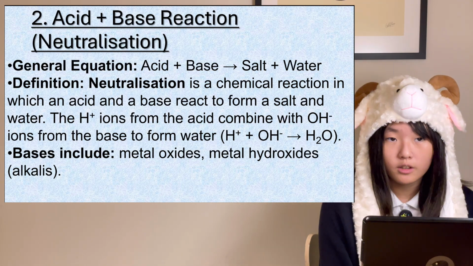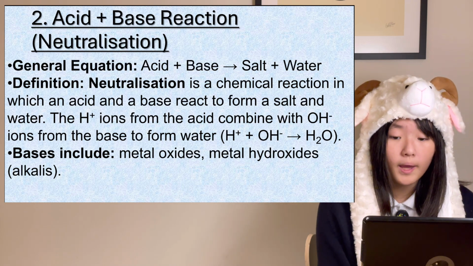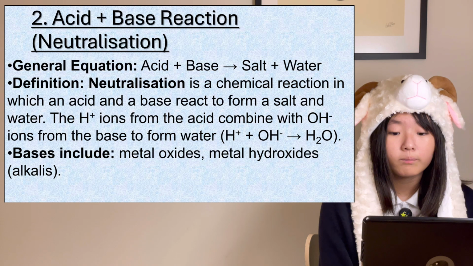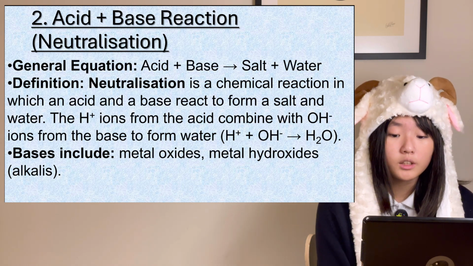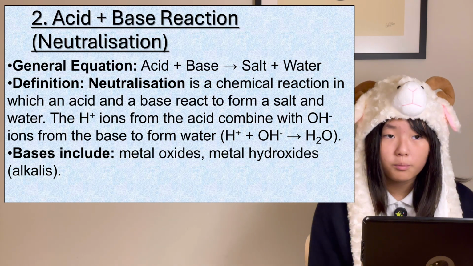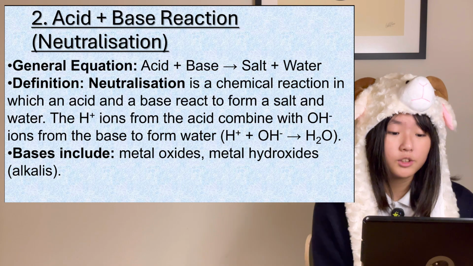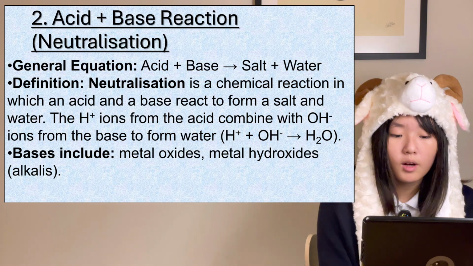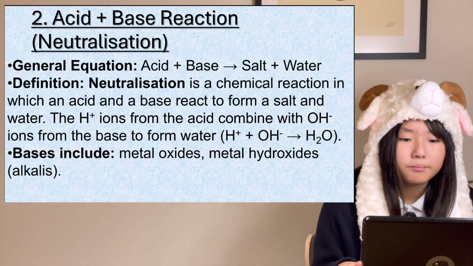The H plus ions from the acid combine with the OH negative ions from the base to form water. H plus OH becomes H2O because there's one O and two H. Some bases include metal oxides and metal hydroxide, alkalis.